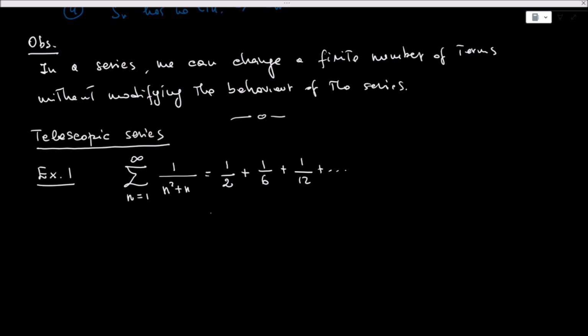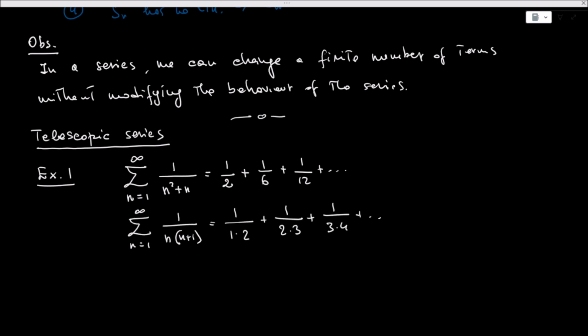And notice that we can also rewrite this. If we reconsider the general term, sum for n that goes from 1 to infinity of 1 divided by n times n plus 1, we realize that we can also rewrite this as 1 divided by 1 times 2 plus 1 divided by 2 times 3 plus 1 divided by 3 times 4, and so on and so forth.